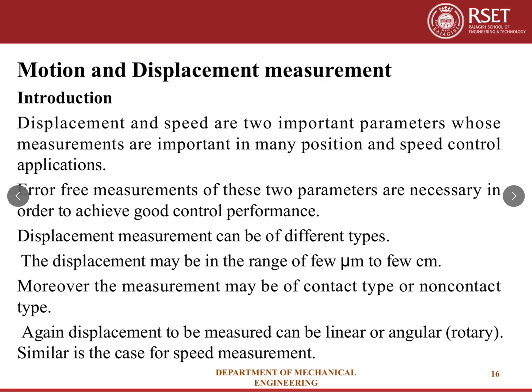In position and speed control applications, we require correct measurement of displacement and speed. So error-free measurement of these two parameters is necessary in order to achieve good control performance of many activities.